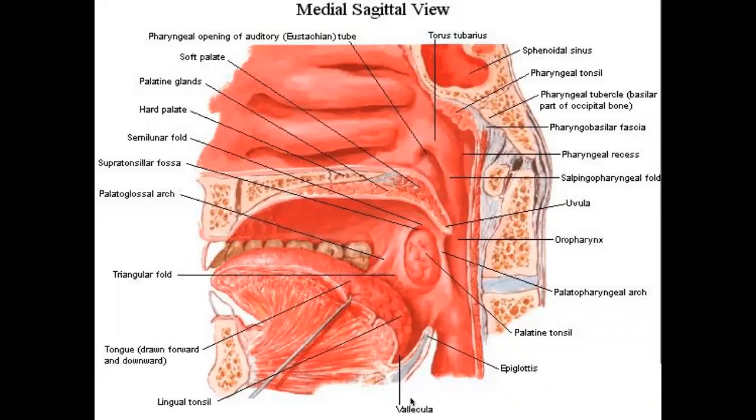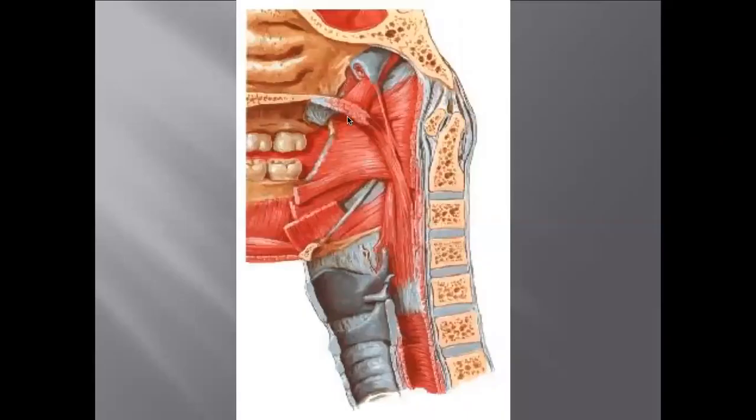That's why when we are eating, we keep telling you not to talk. Otherwise any food particle can lodge into the larynx and cause the laryngeal cough reflex. So these are the features of the oropharynx. Now look at these muscles which are going from the soft palate.